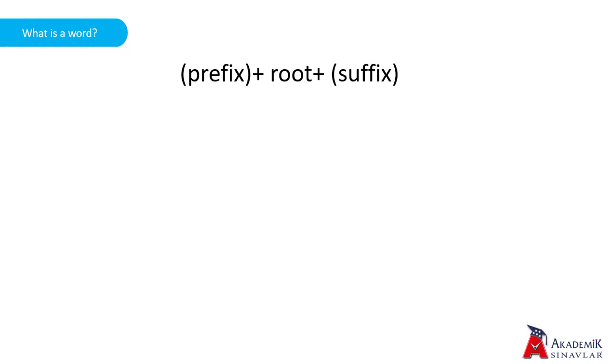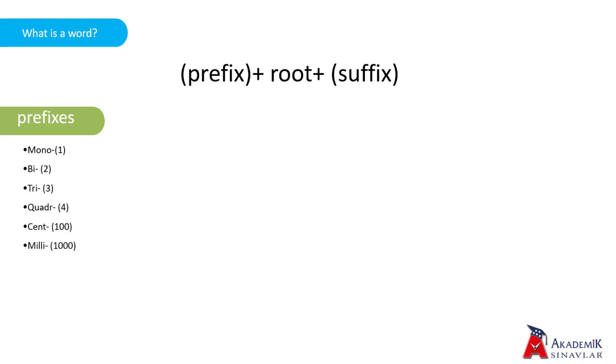As you can see, I have put prefix and suffix into parentheses because these two are unnecessary parts of the word. So one root can be a word by itself without any need for prefix or suffix. Now, let's go through each of the parts. First will be prefix. The most important ones in this lesson are some numbers like this.